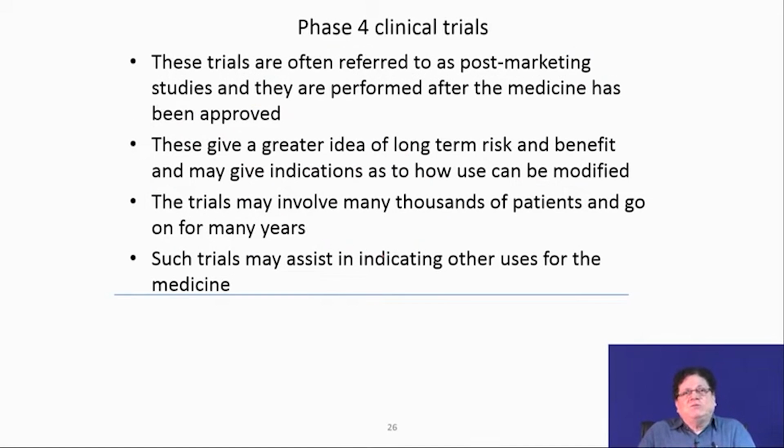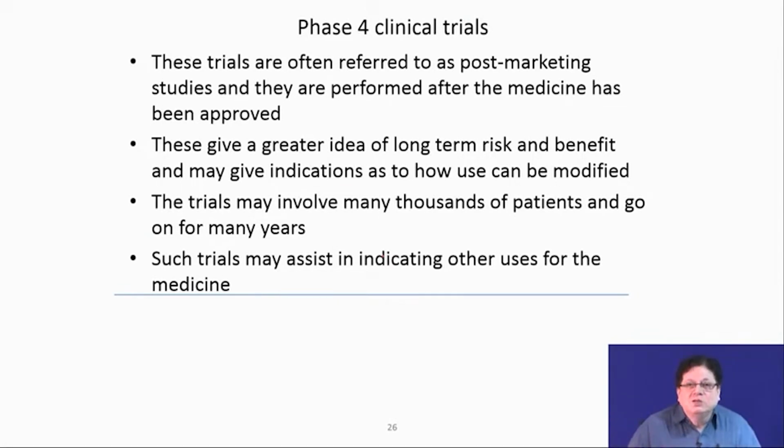There is also something called phase 4 clinical trials. After phase 3, once the drug is available in the market, many pharmaceutical companies still study a wider variety of patients over the next 5 years, 10 years, and look at the patients' reports, how they are feeling, whether they are reporting something else which was overlooked at that time.